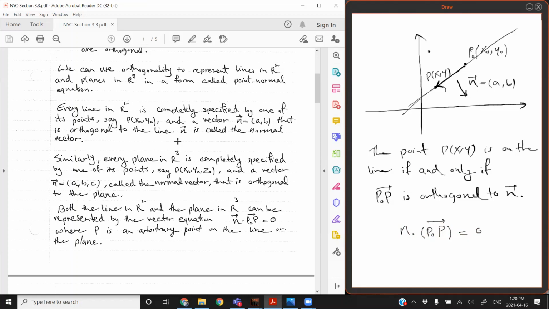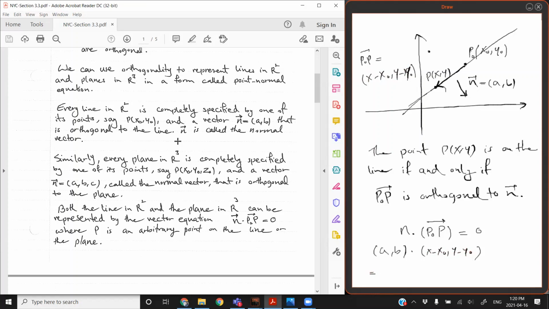Yes? So now if I just expand that, this vector here is (a, b). The vector P0P is going to be terminal minus initial. So it's x minus x0, and the other component would be y minus y0.